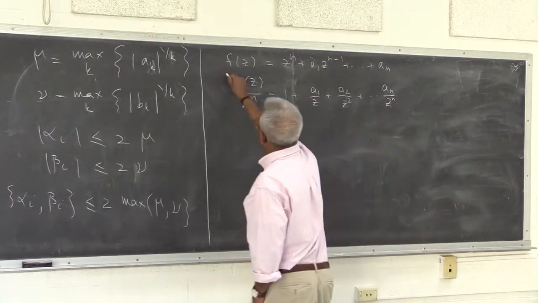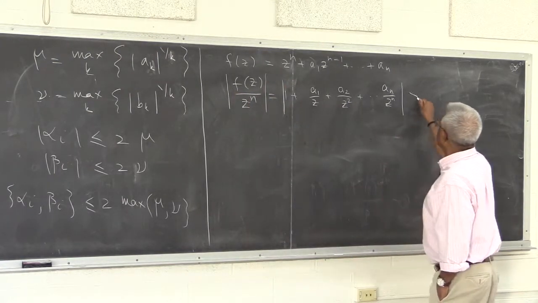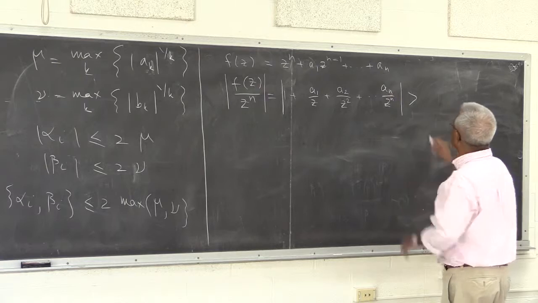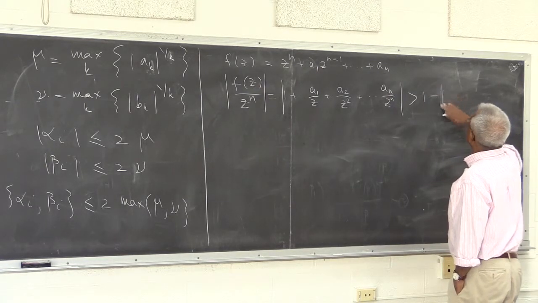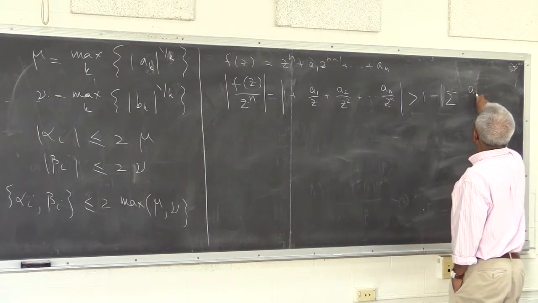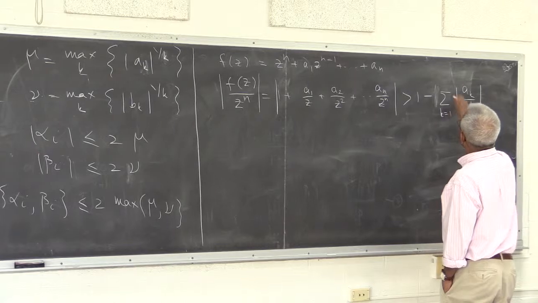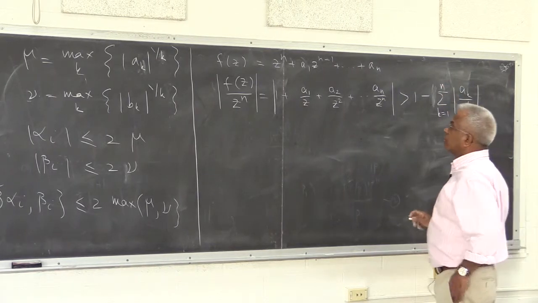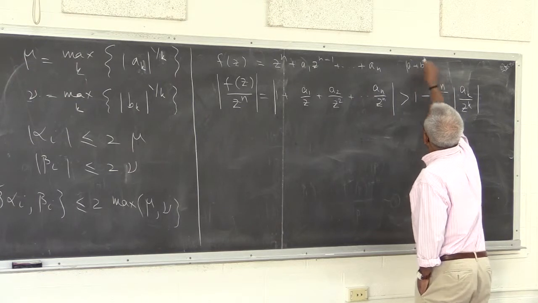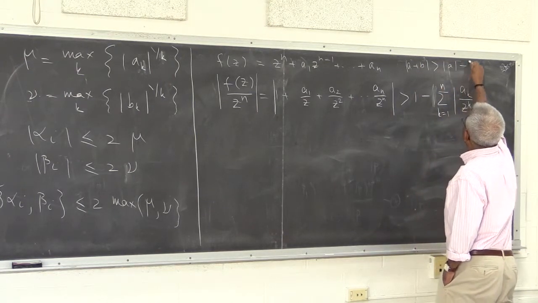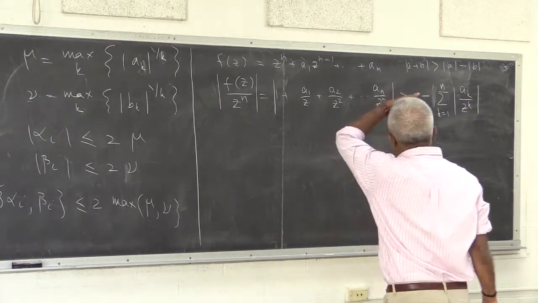So now let me take the absolute value here. This absolute value is greater than or equal to 1 minus the absolute value of the summation of ak over z^k. This follows from the inequality that the absolute value of a plus b is greater than or equal to the absolute value of a minus the absolute value of b. Okay, using that simple identity.